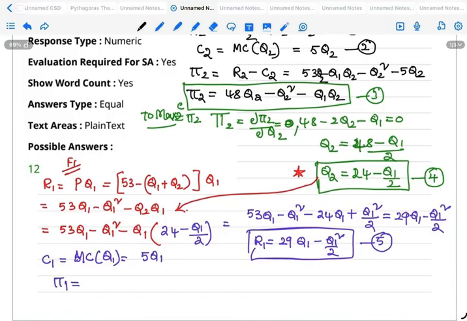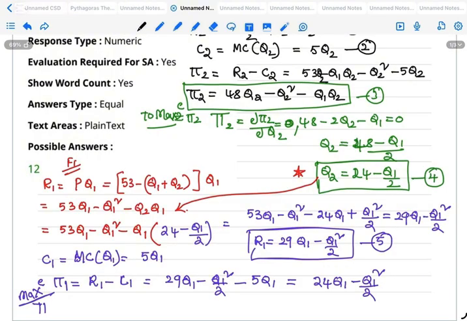So profit is revenue minus total cost C1, that equals 29 Q1 minus Q1 square by 2 minus 5 Q1, that equals 29 minus 5, 24 Q1 minus Q1 square by 2.